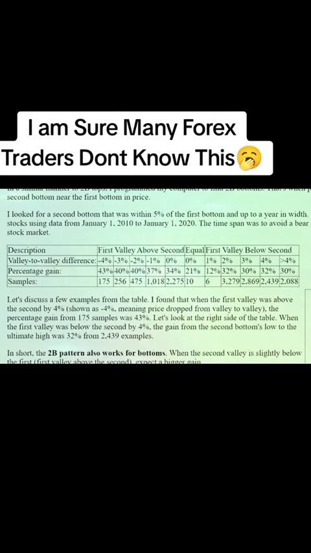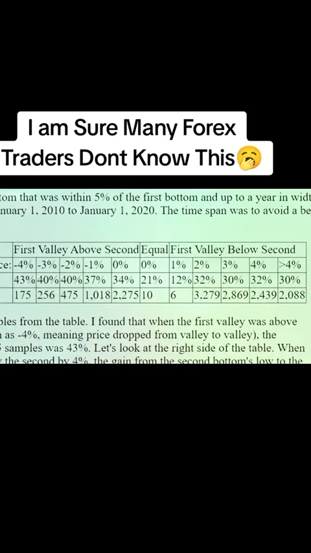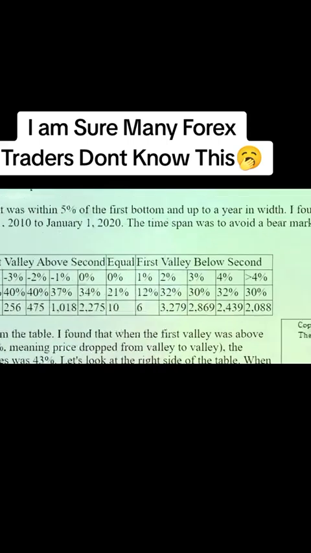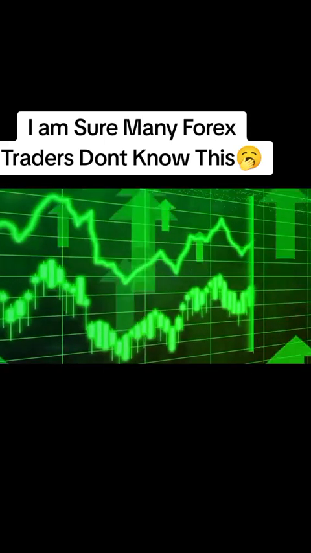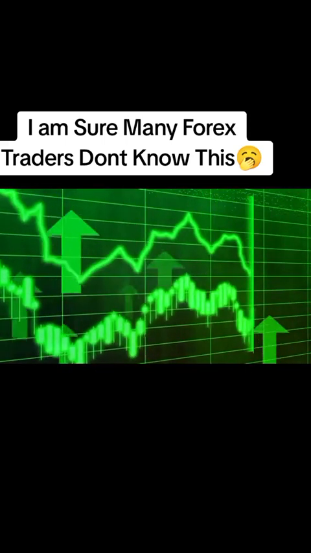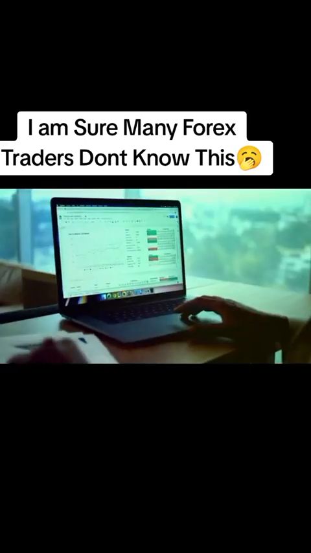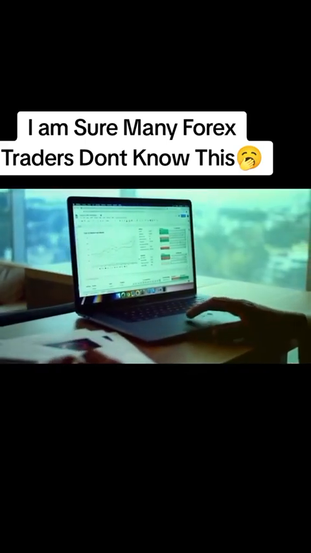You can clearly see the liquidity grab version performs way better. Out of the 14,000 trades that he tested, the percentage gain for liquidity grabs performed way better than a pattern that did something like this. So pretty interesting. Now we know why we are looking for a liquidity grab. So that's step one, finding a liquidity grab.